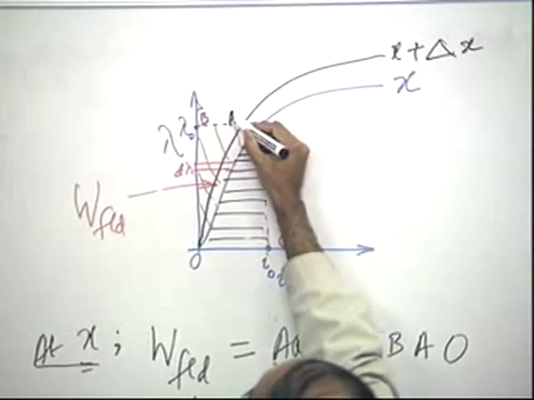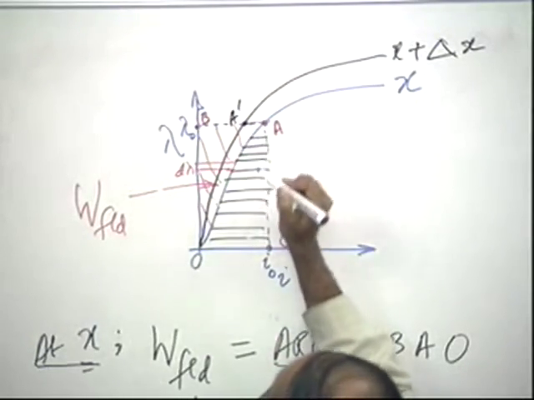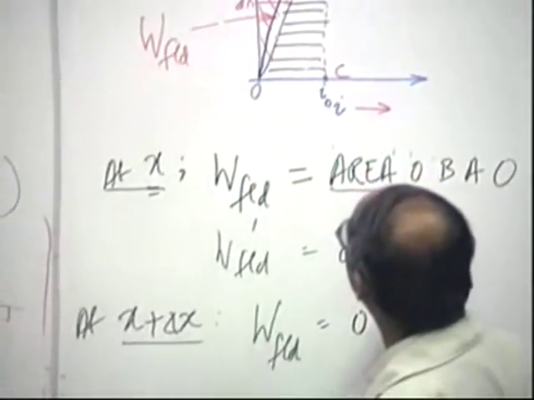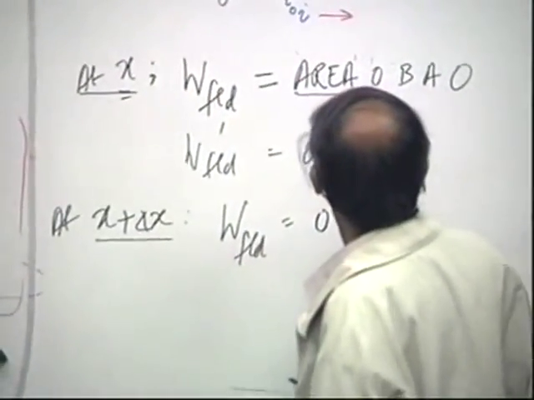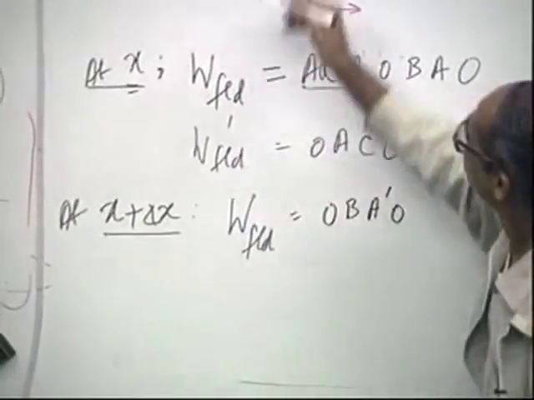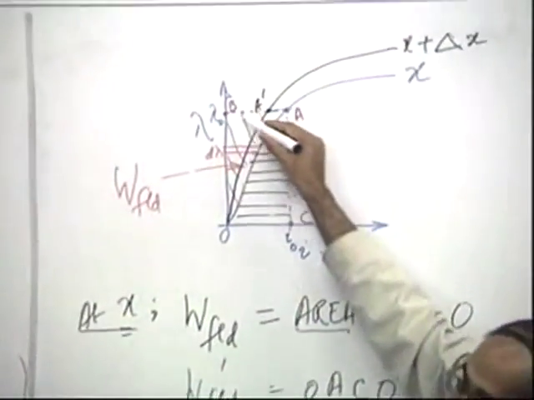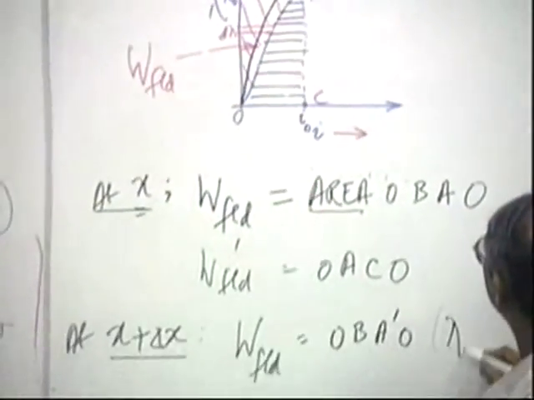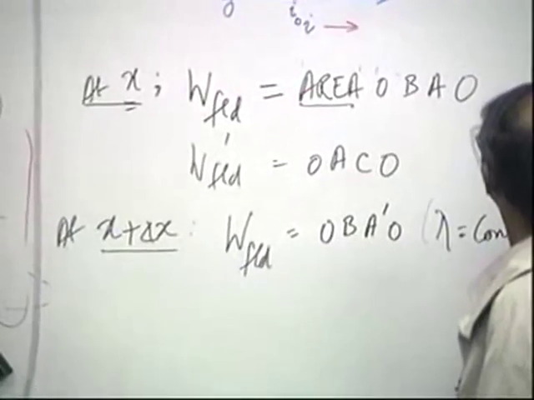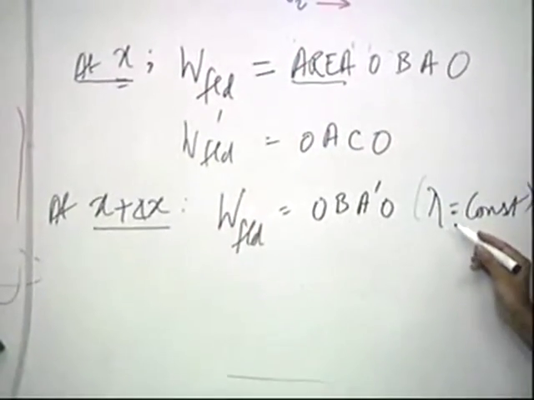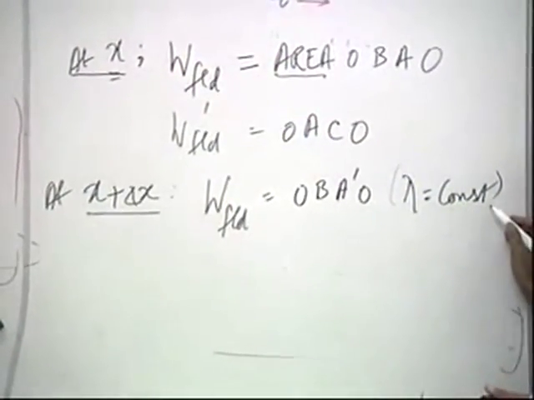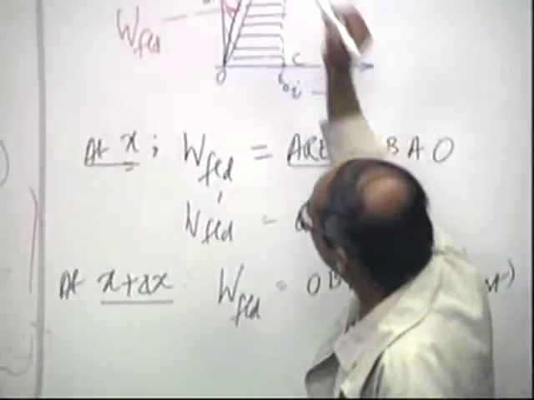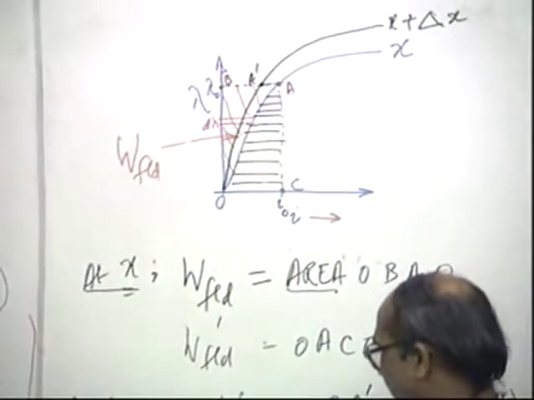So your new W field will be O B A dash O, at constant lambda. We are defining that lambda is constant, and this is the new W field.